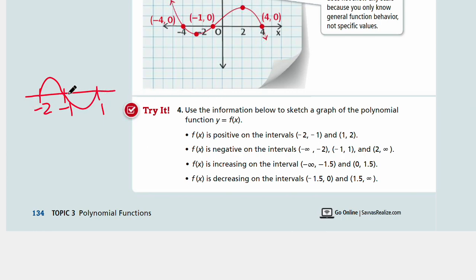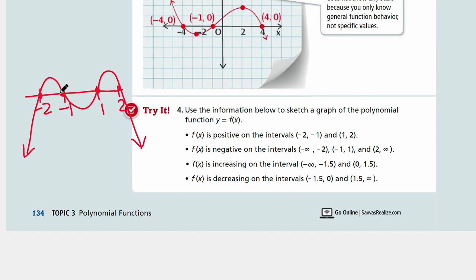So these are your x-intercepts: negative 2, negative 1, and 1. And then it's positive again from 1 to 2. From 2 to infinity it is negative, and from negative infinity to negative 2 it's negative as well.